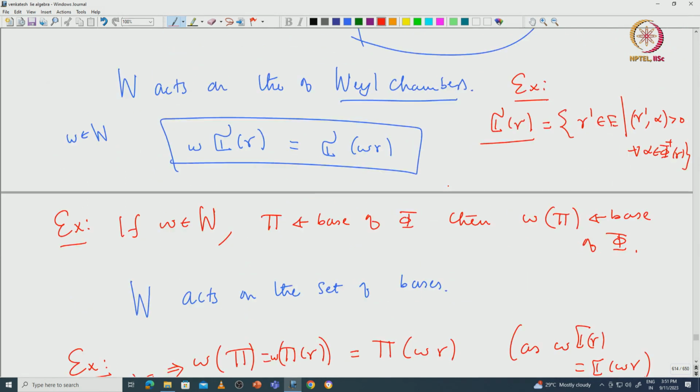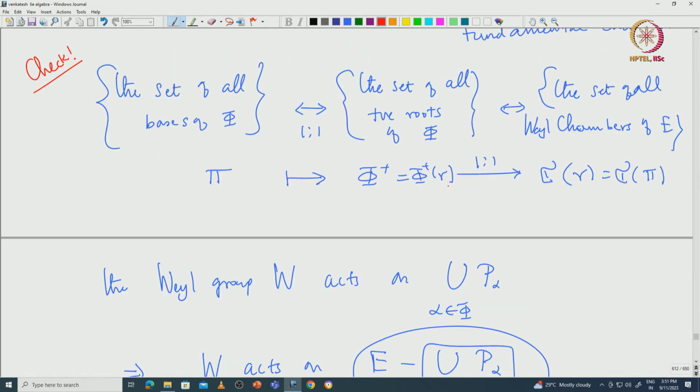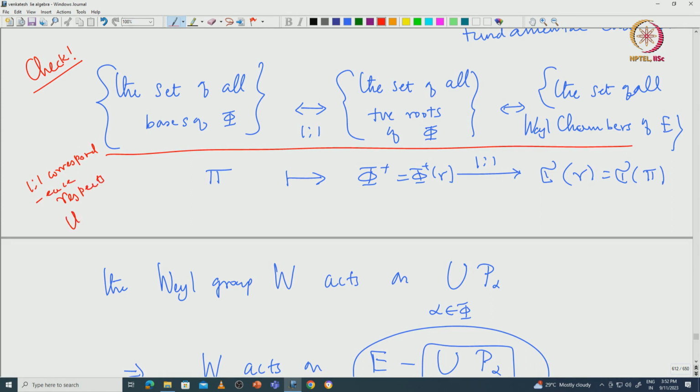That means the one-to-one correspondence that you have among all these sets respects the action of W on each set. This is a very important observation.